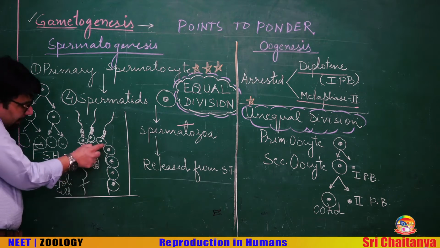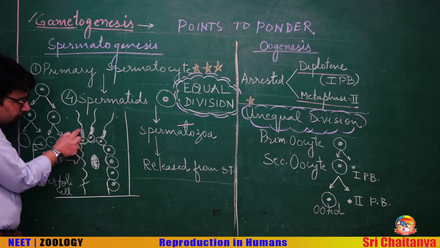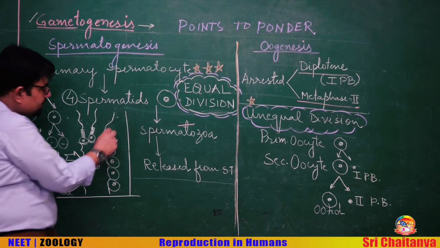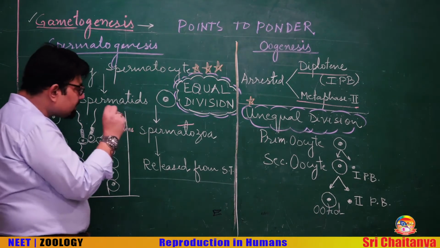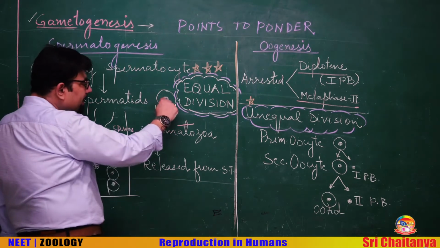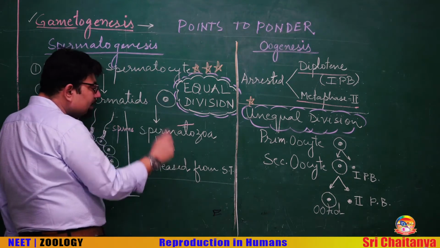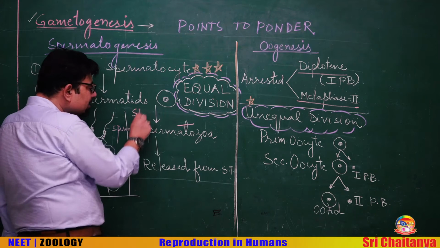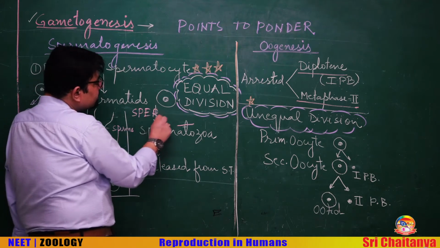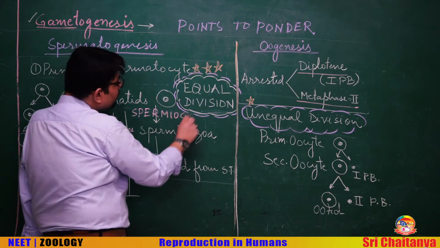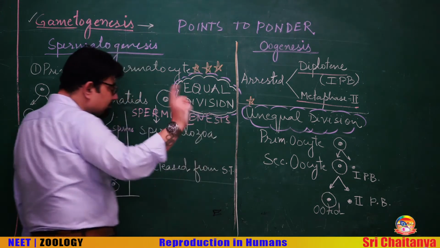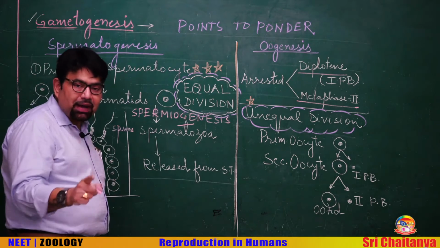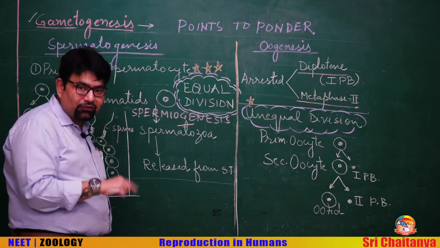While it is still connected, it gets differentiated and becomes the real sperm. This differentiation of spermatids into spermatozoa is known as spermiogenesis.